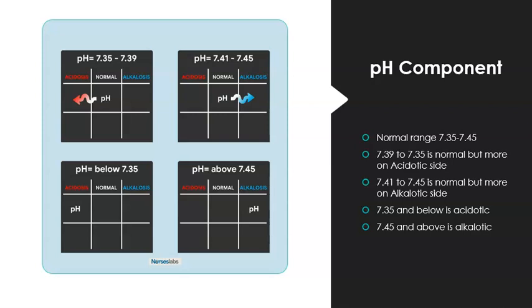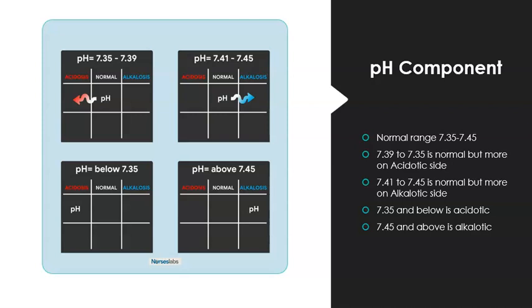So the first thing that we do is put our pH into its column. You can see in the image, when we draw our tic-tac-toe grid, we put acidosis or acid on one side, normal in the middle, and then alkalosis in the right-hand column. And you would put your pH in the corresponding column.